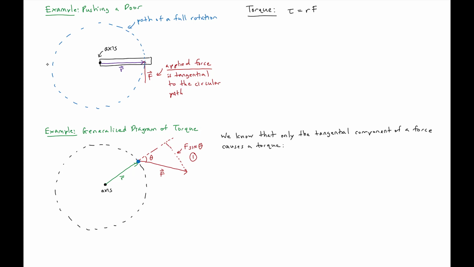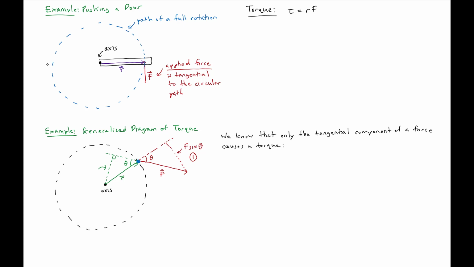The other option was to get the component of r that's perpendicular to F. So if we wanted that, we would extend the force vector and we simply want to solve for this.